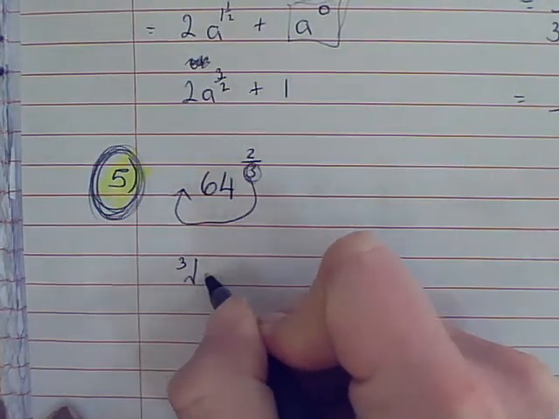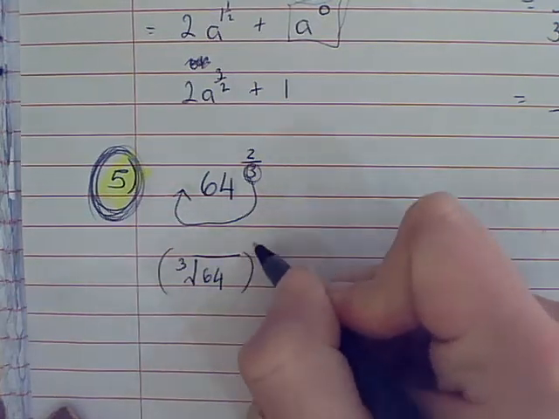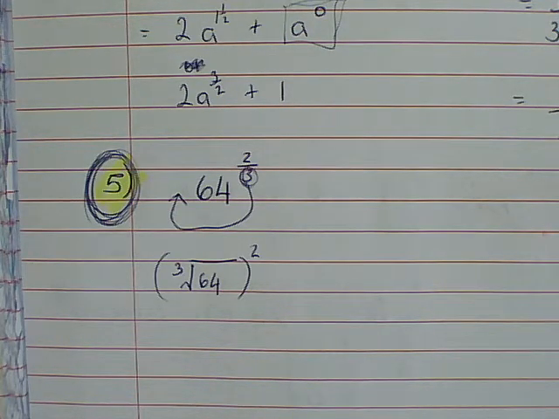So it's the cube root of 64, and that 2 stays up there. Okay, now that gets you a mark for rewriting it. Okay, and it's worth 3 marks, but that's a mark for rewriting. So if it comes to it, and it's a controlled assessment or whatever, and you're thinking, I don't know what to do, rewrite it. You've got a mark out of 3. Okay, that's way better than nothing.